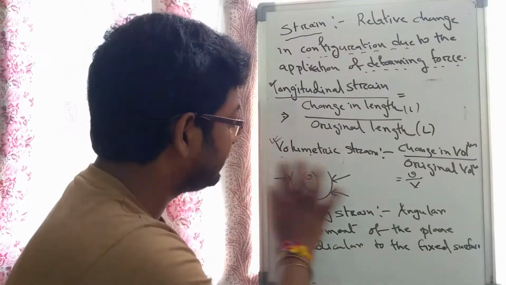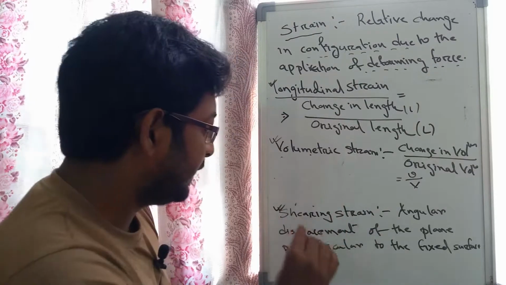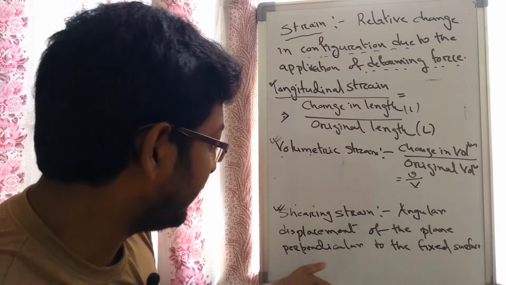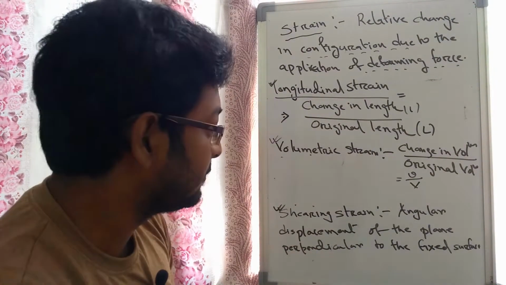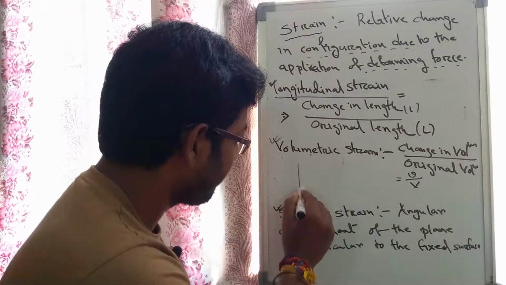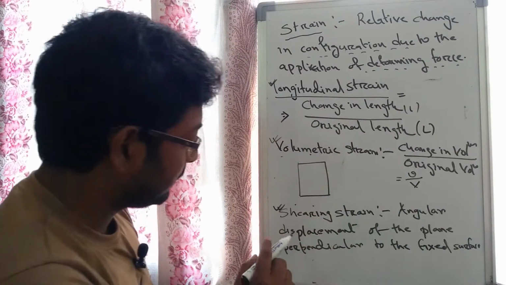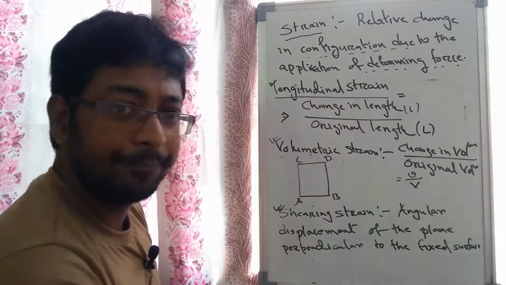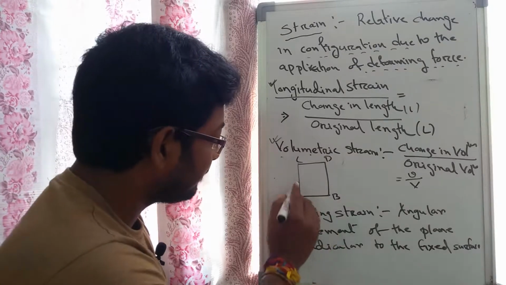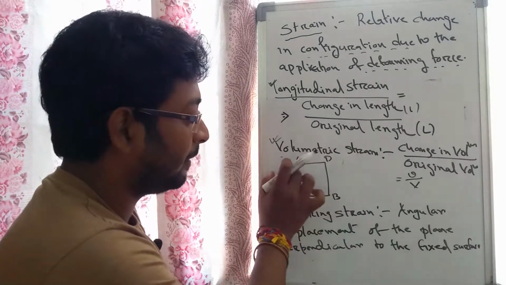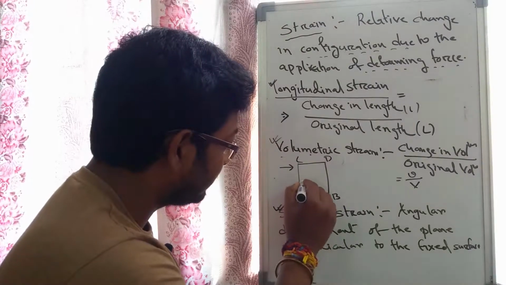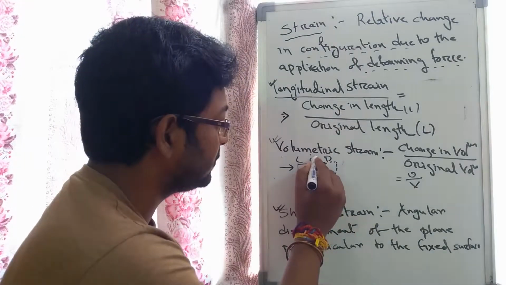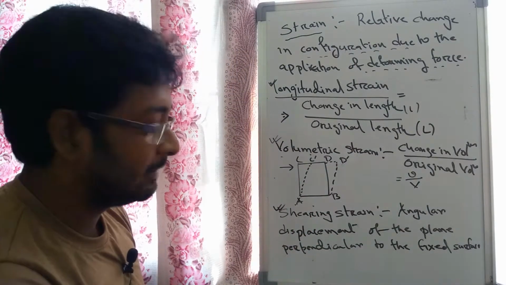Now the third one is shearing strain. Shearing strain is the angular displacement of the plane perpendicular to the fixed surface. Suppose this is an object with corners A, B, C and D. If I apply some force on the top of this object, then I observe that its position may change, and the new positions are C dash and D dash.